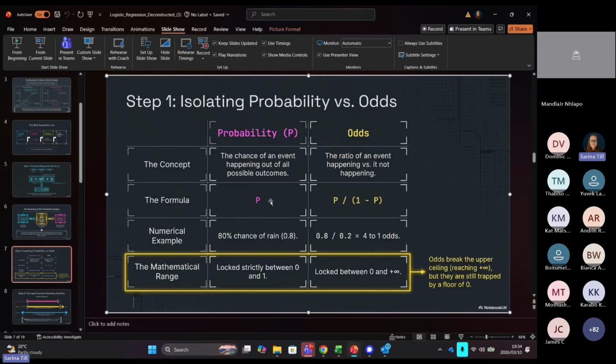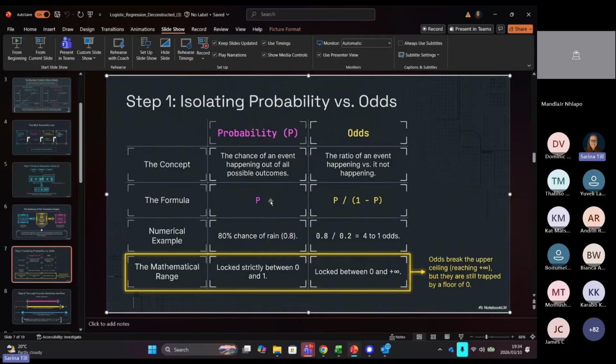chance. Probability is an 80% chance, okay? Probability only exists between 0 and 1. So if we just worked with probability, we would lose that infinity. You can only have a probability of 0, not probable, or 100%, fully probable. A percentage, 0 and 1 or 0 and 100%.